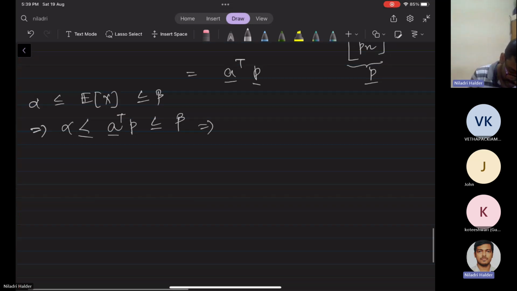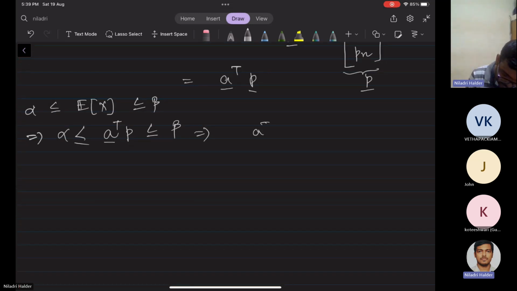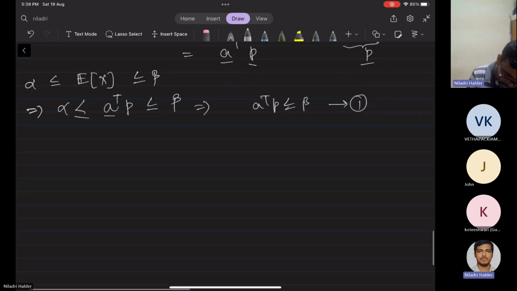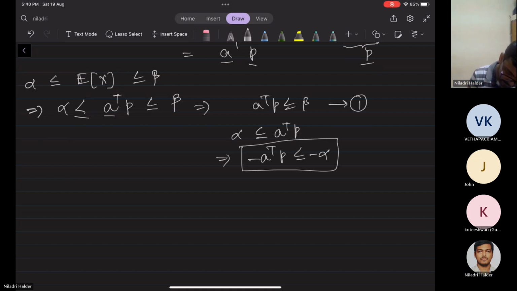From this we can write a transpose p is less than or equal to beta, and the second one is alpha is less than or equal to a transpose p, which is the negative half space, so minus a transpose p is less than or equal to minus alpha. It is the intersection of two half spaces, so it's a convex set.